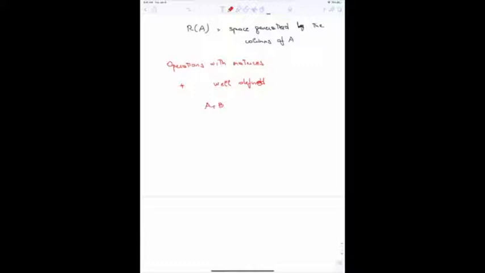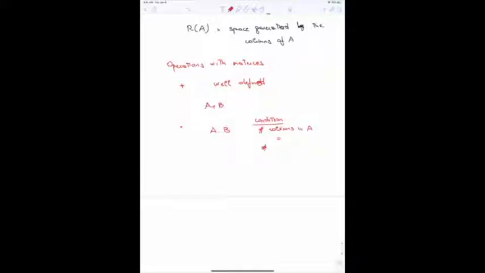Now, the product is a little bit tricky, because A times B can be done if the number of columns in A is equal to the number of rows in B. This is going to be the condition.